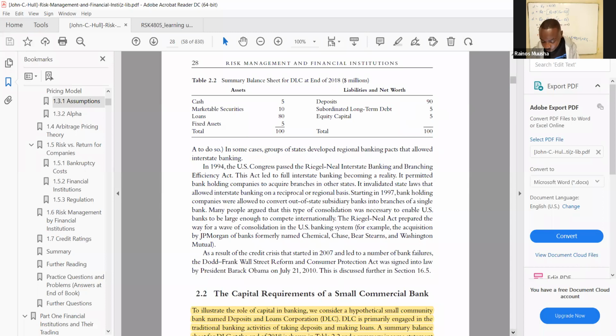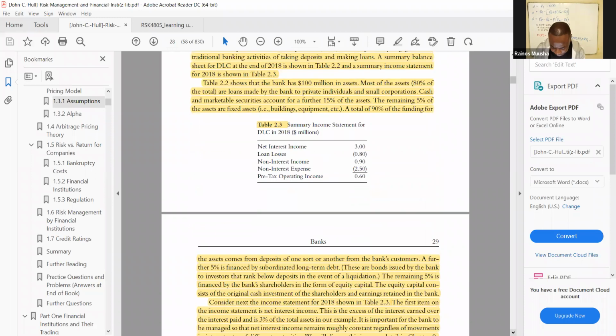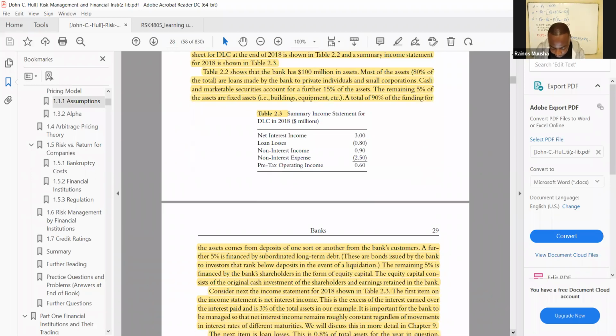From equity. So that's why they're saying here, a further 5% is financed by subordinated long-term debt, and the remaining 5% is financed by the bank shareholders in the form of equity capital. So the equity capital consists of the original cash investment of the shareholders and earnings retained in the bank.